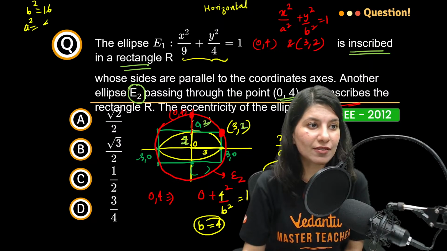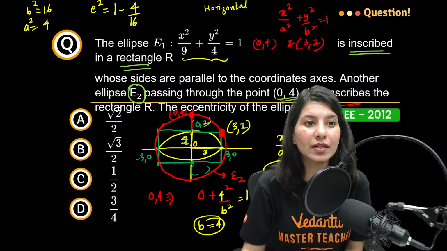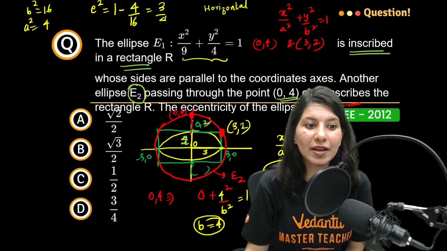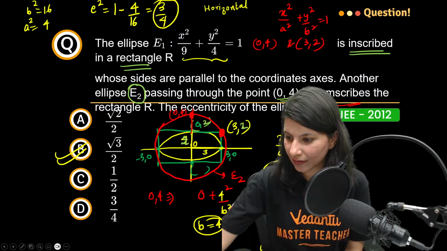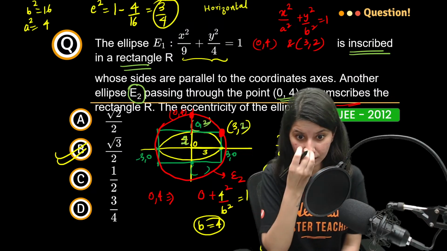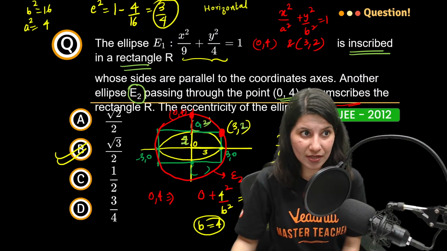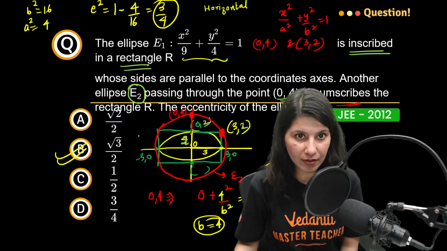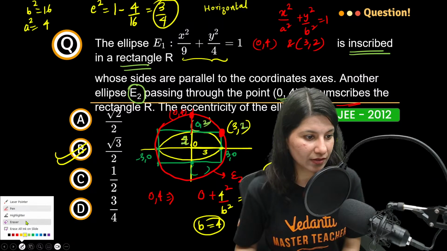Your eccentricity will be 1 minus smaller by bigger. Sorry, a square is 12, b is 4, so b square is 16. What am I doing?